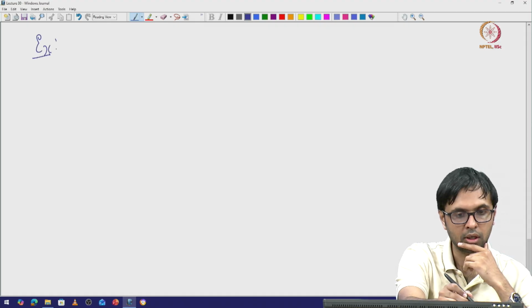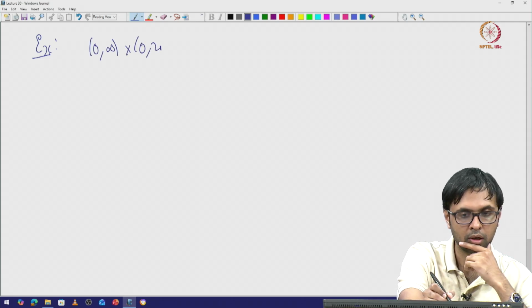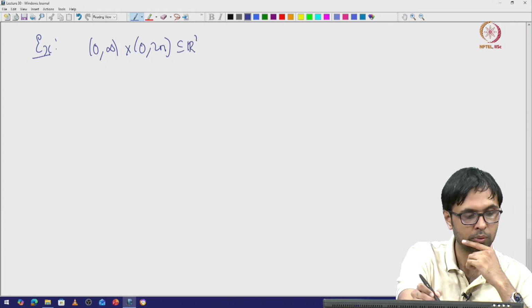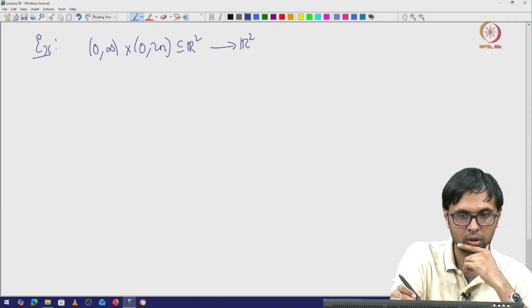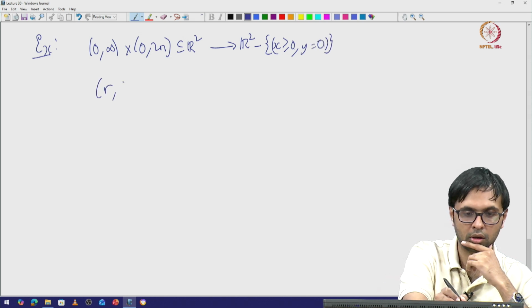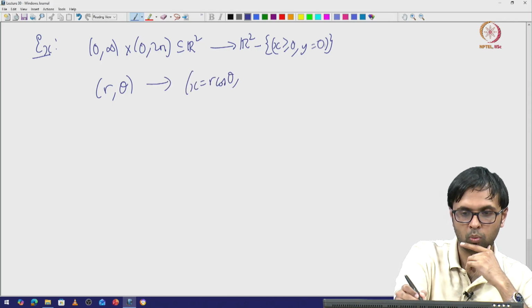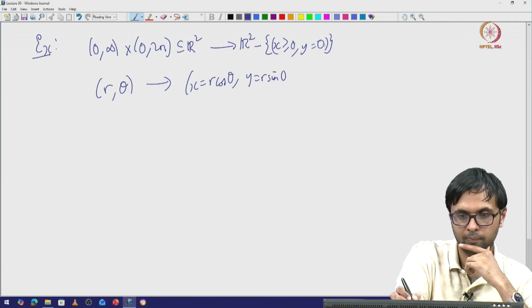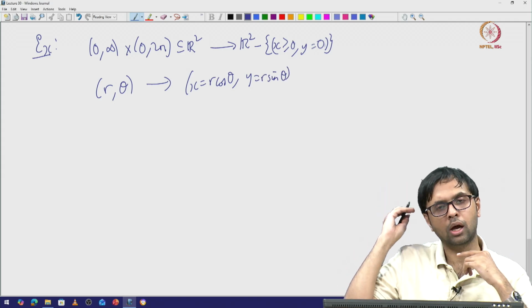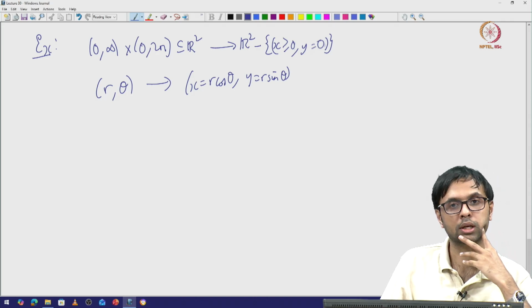Suppose you take this map from 0 to infinity cross 0 to pi, an open subset of R2, to R2 minus the set of points where x is greater than or equal to 0 and y is 0, given by r comma theta goes to x equals r cos theta and y equals r sin theta. I am very sure that you would have seen this before. These are called polar coordinates.